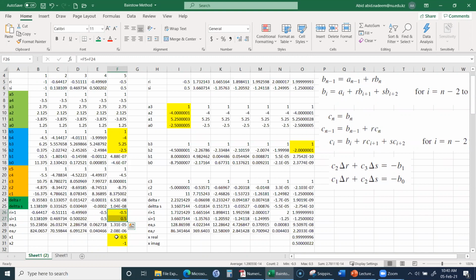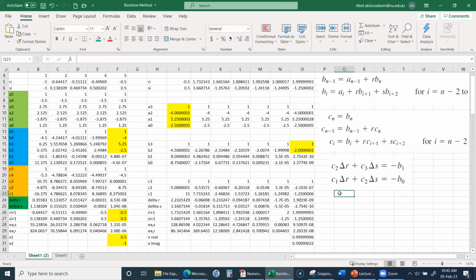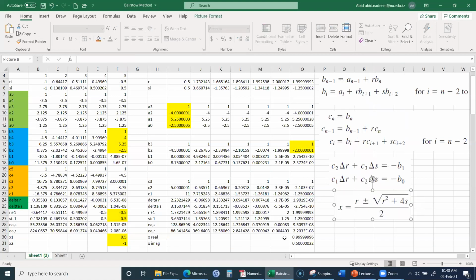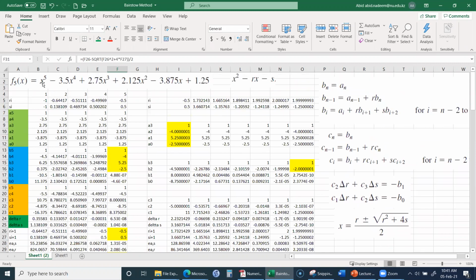When I input these values into the quadratic equation, which was this, we got x1 equal to 0.5 and x2 equal to minus 1. So these are two of the roots for this given equation.